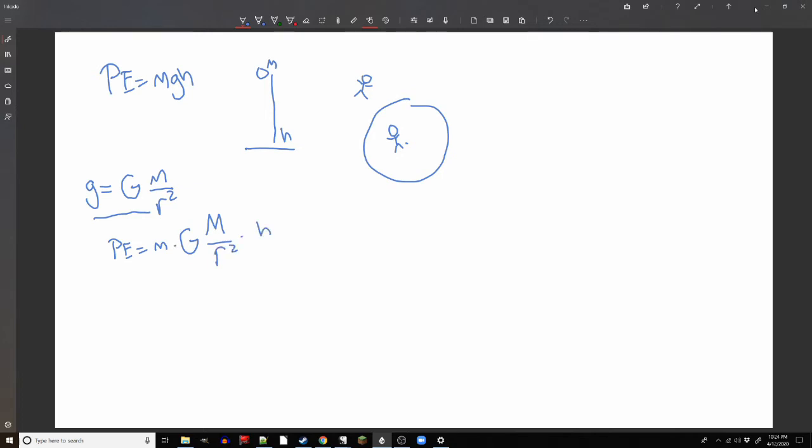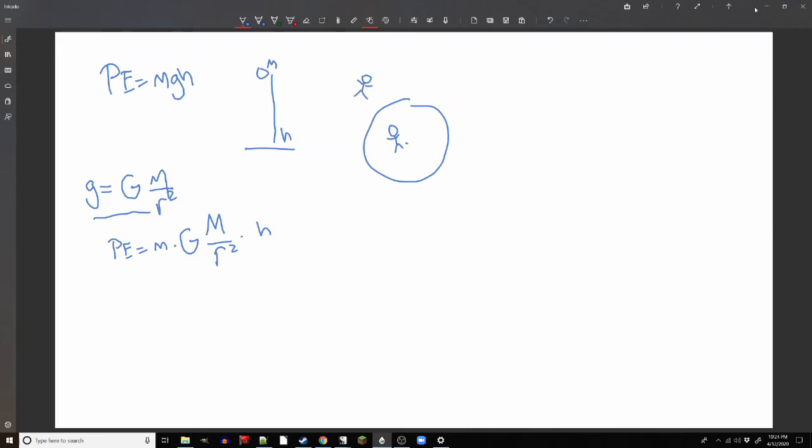I guess I'll put another dot there for multiplication. We need to simplify this a little bit. Let's go through piece by piece. It's important to note a couple of things. Big G is not little g. They are different. Little g was the acceleration of gravity. On Earth, it's 9.81 meters per second squared.